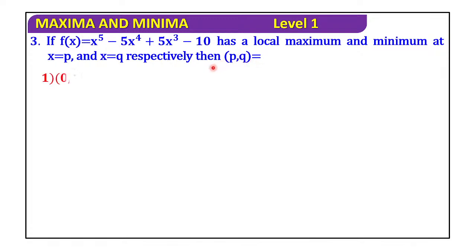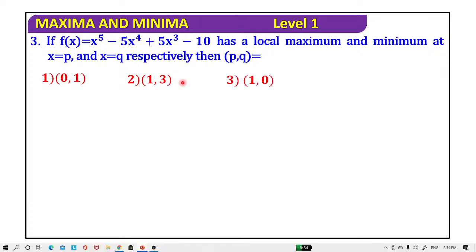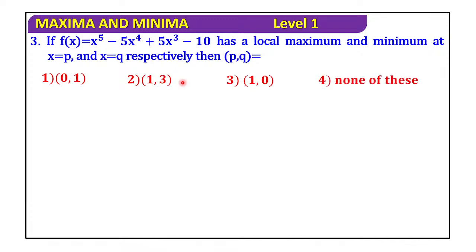Okay, so see the options. Here the options are 0 comma 1, 1 comma 3, and the third option is 1 comma 0. The fourth option is none of these.